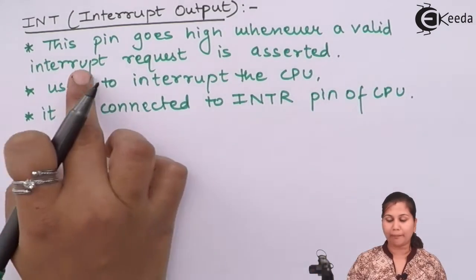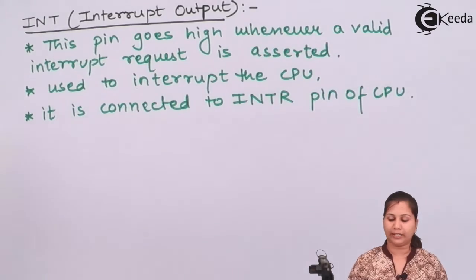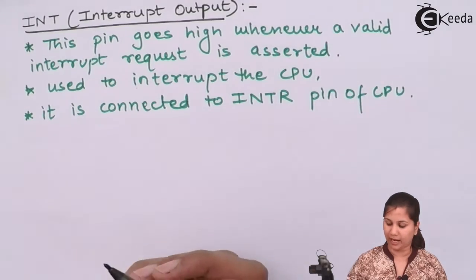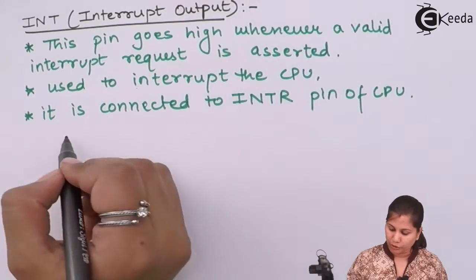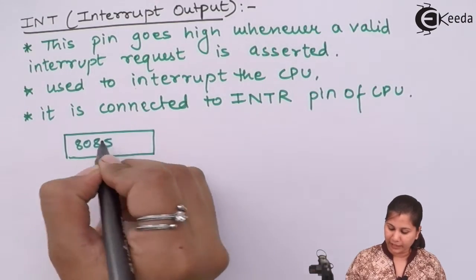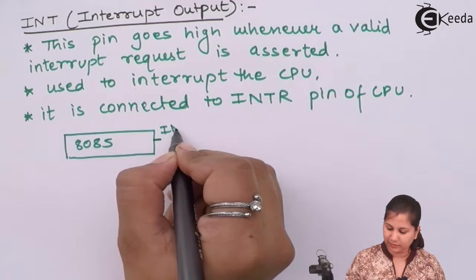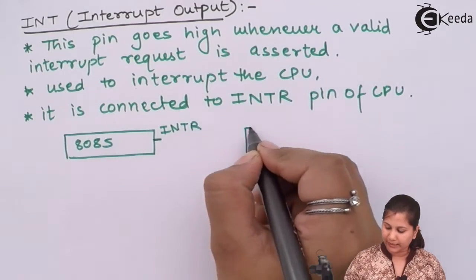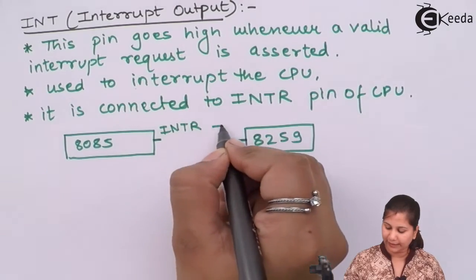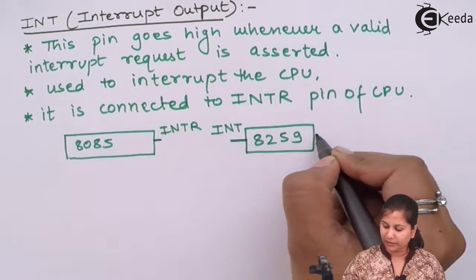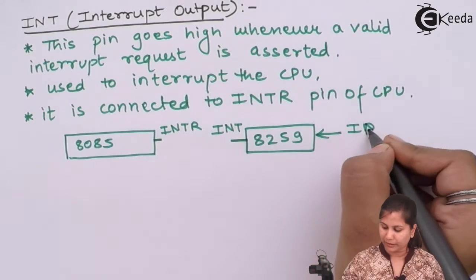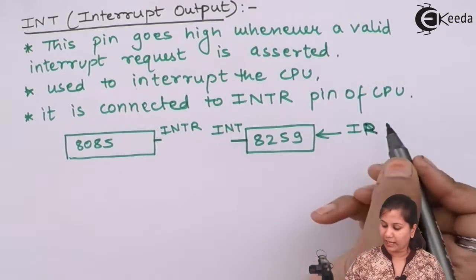So whenever an interrupt request is given to 8259, 8259 is going to give this INT signal to the INTR pin of the CPU. If this is the 8085, it will have the pin INTR. This 8259 is going to send the signal INT whenever it has an interrupt request.